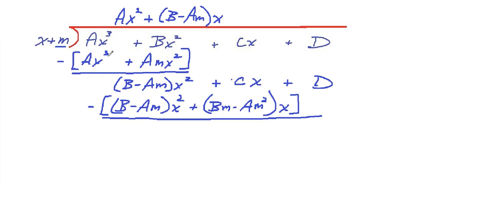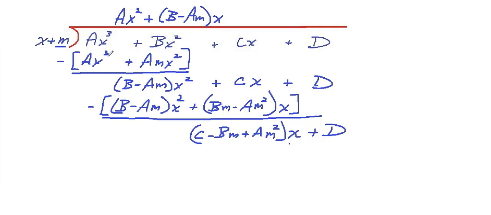So if I have this many of them, and then remember, subtraction just flips the signs of all terms. So we're going to have minus b m positive a m squared, and that's how many x's we have.